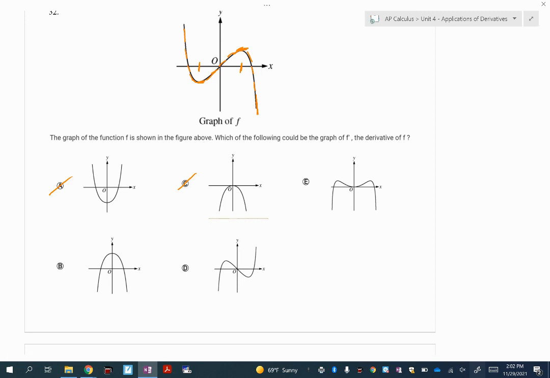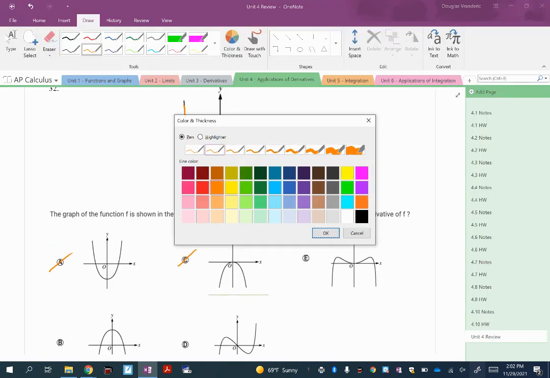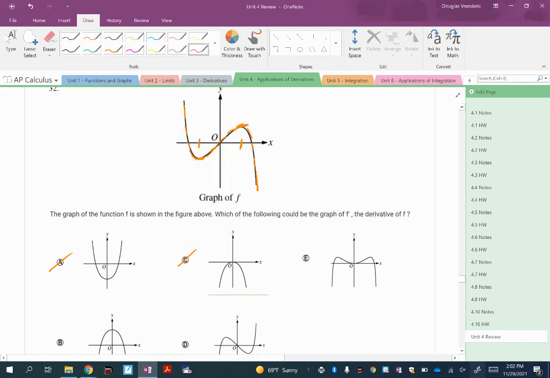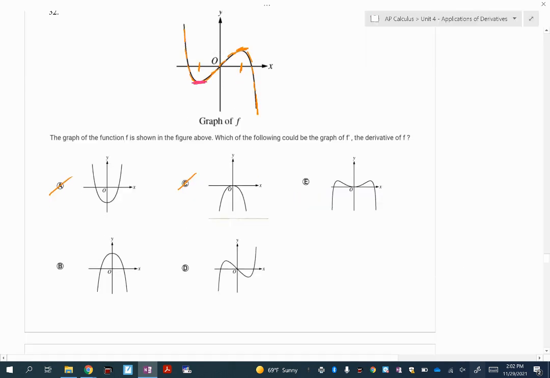Now, we cross the x-axis twice, because we have two times where the tangent line is 0. So I'm going to rule out D, because that crosses 3 times. So I'm down to E and B.